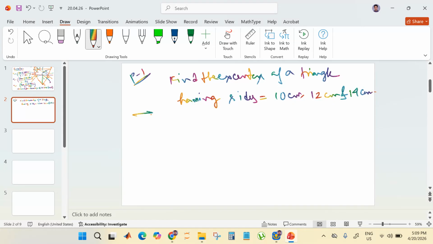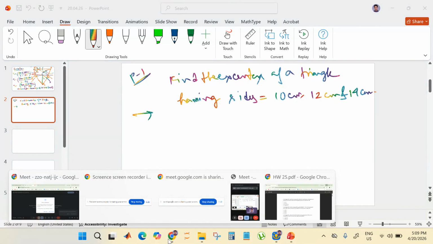Okay, find it. Find the excenters of a triangle having sides 10, 12, and 14. So first problem for today, after discussing the first theory.